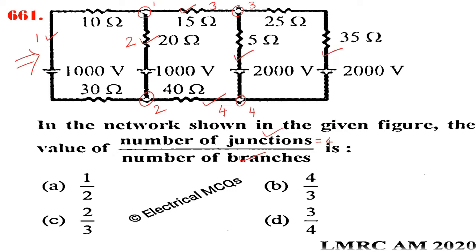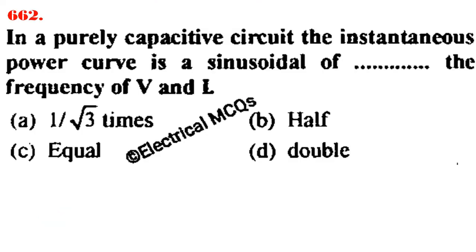Number it 5 and 6. So there are 6 branches. So 4 by 6 will give us 2 by 3. So the ratio will be 2 by 3, and option C is the correct answer here. Now we will go for the second question, that is question number 662.